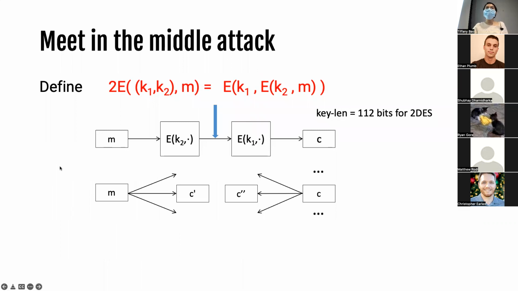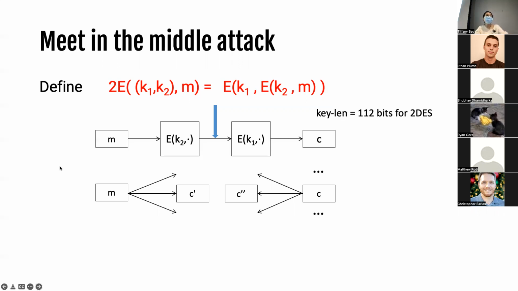All right, so here is one way that we can reduce the complexity from 2 to the 112 to something much smaller, compared to 2 to the 112 for sure. So let's have a meet-in-the-middle attack, in the sense that we know that K1 and K2 are independent. They are not related to each other, all right?